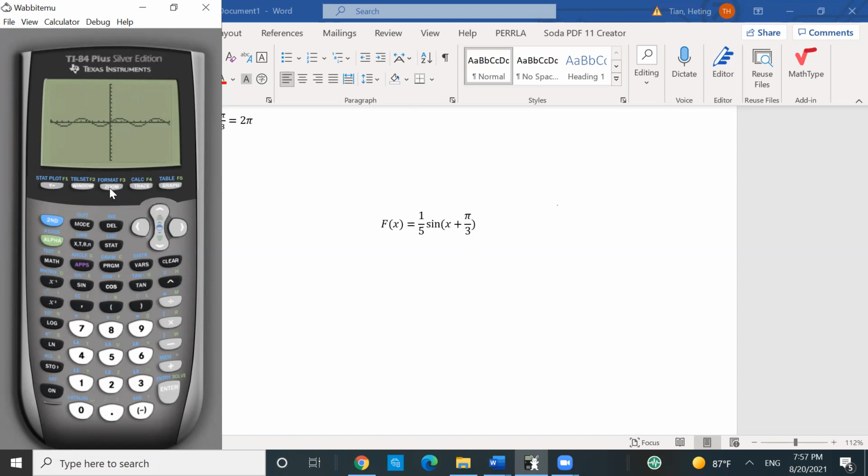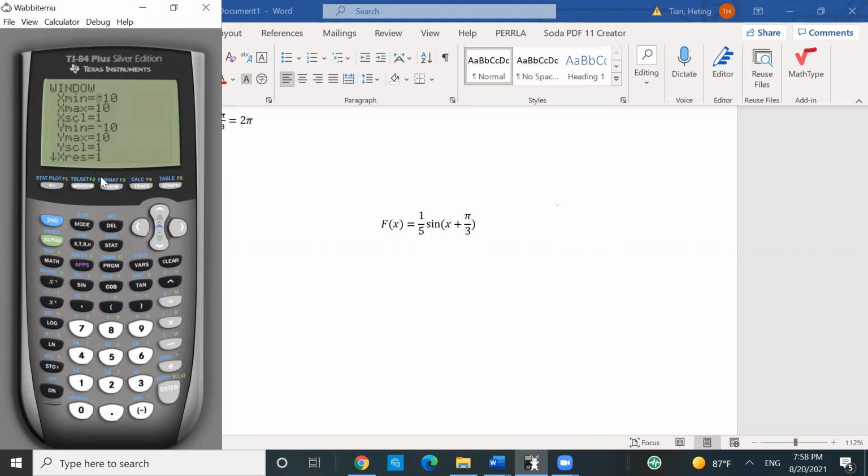If you feel this is too small, you can click zoom in, click enter. If it doesn't show you the picture you like, you can click window. You can change the window size.